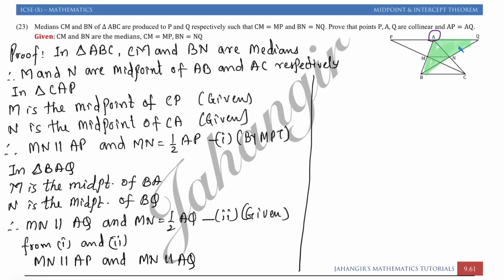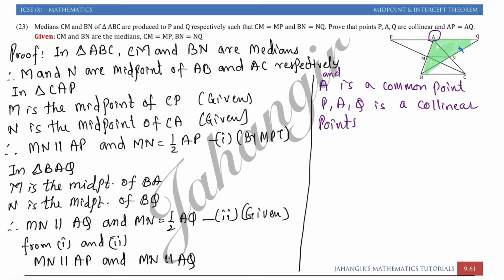The line is going in the same direction. So therefore I can say P, A, Q are collinear points. Collinear means all points lie on the same line.